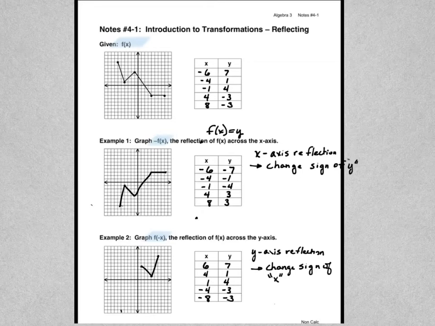Then we're going to go down to negative 4, negative 3 here, and negative 8, negative 3 right there. All right, so that would be the graph of the y-axis reflection. It was a reflection across the y-axis. So that's the first page of 4.1.